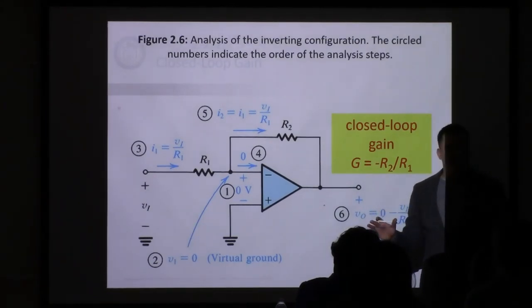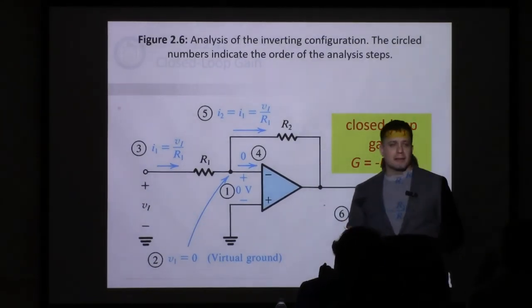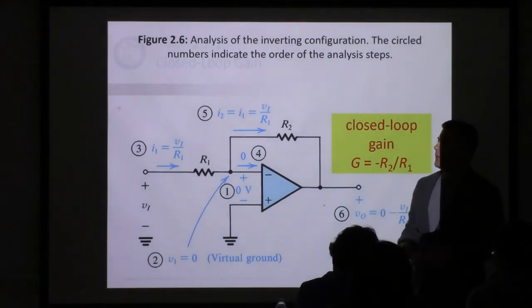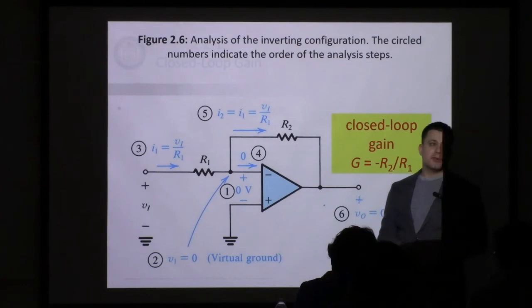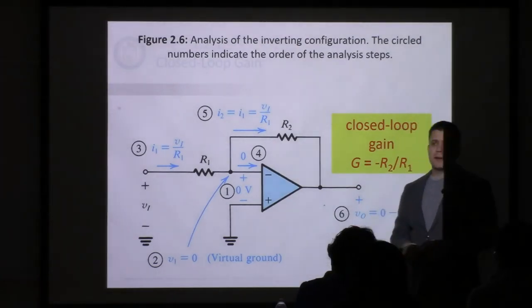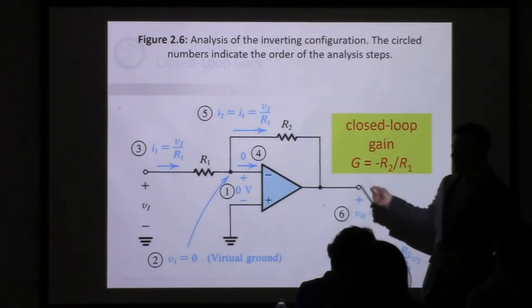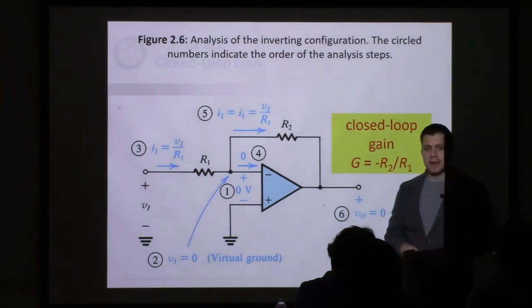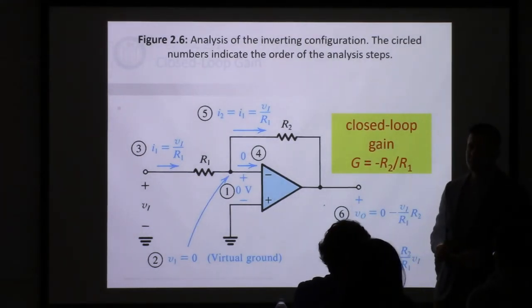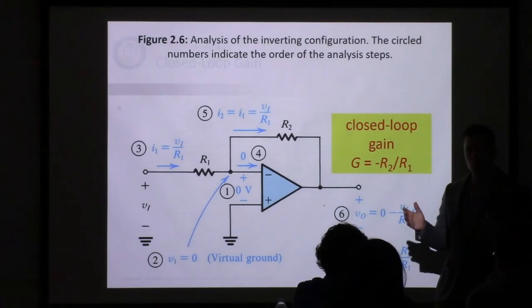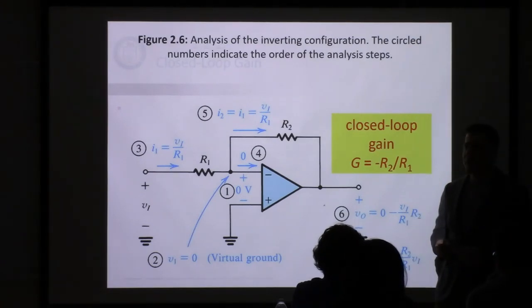Like most things in this or any other class, once we go over the example, it becomes a lot clearer. So this is sort of the first pass view at how to do this. This is a good figure. If you can understand what this figure is trying to tell you, it does give a pretty good summary of how to do it. But again, we'll go through a bunch of examples, and I think that'll make it a little bit clearer, and you can have an opportunity to ask some questions.